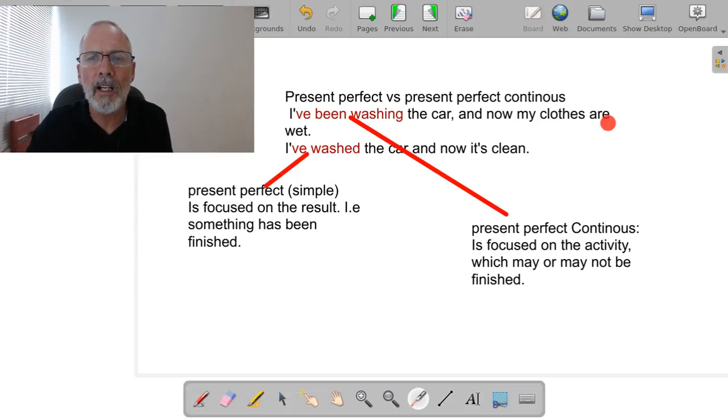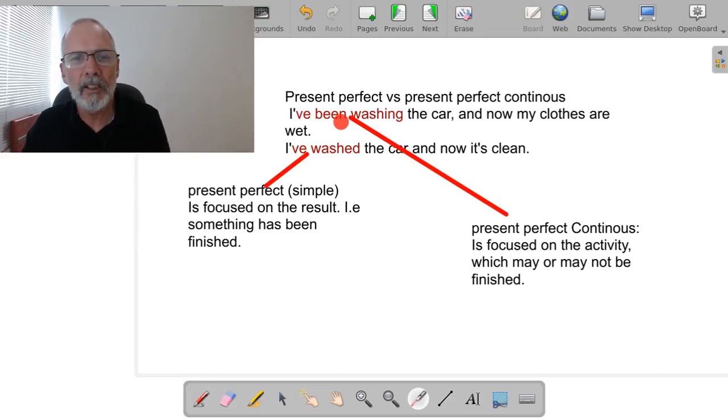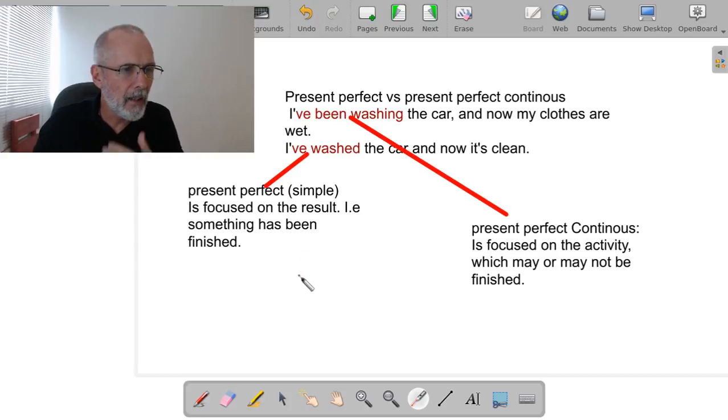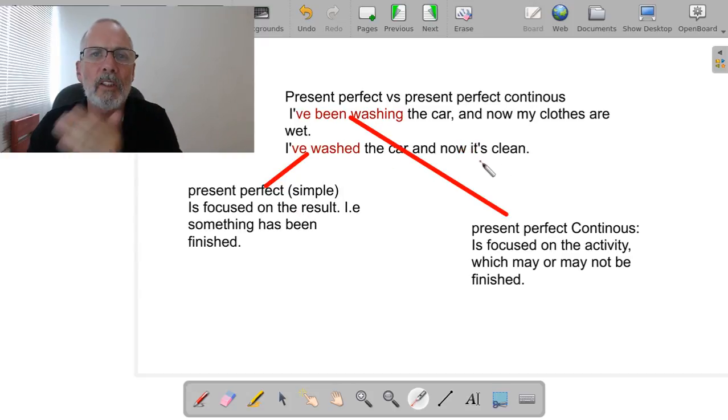I've been washing the car and now my clothes are wet. My clothes are wet because of this activity that started in the past and finished recently or finished now. And the other one, the present perfect simple, is focused on the result. I've washed the car and now it's clean.